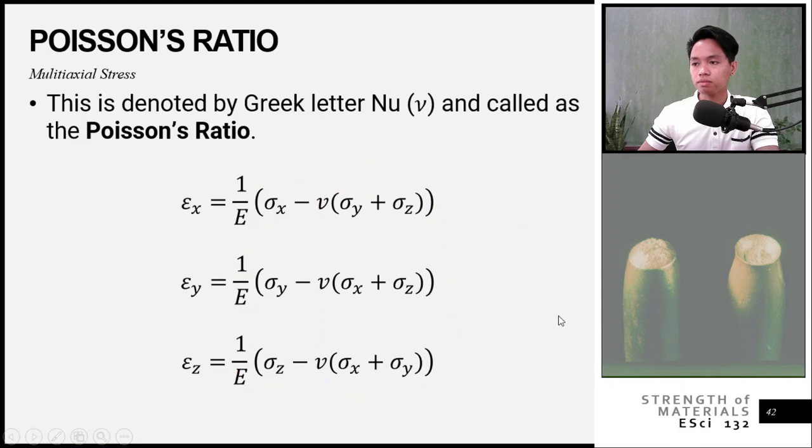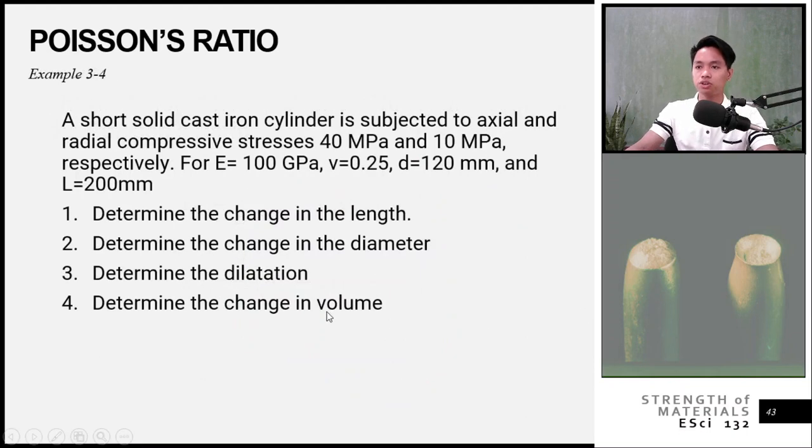Okay, so for example, a short solid cast iron cylinder is subjected to axial and radial compressive stresses of 40 megapascals and 10 megapascals respectively. We are going to use E equal to 100 GPa, a Poisson's ratio of 0.25, a diameter of 120 mm, and an L of 200 mm.